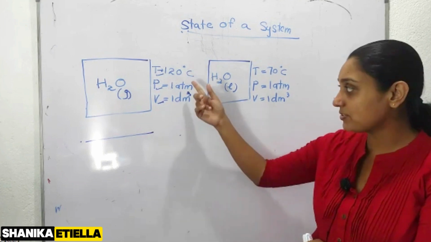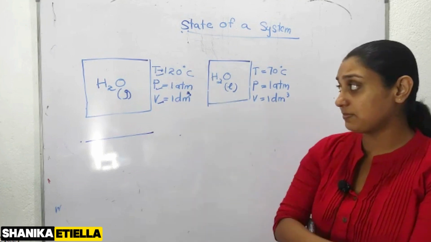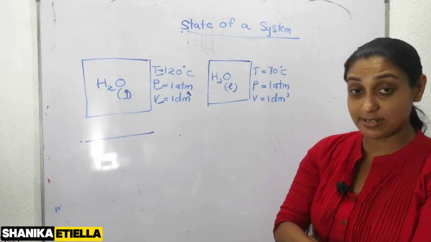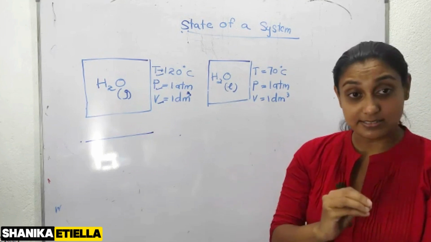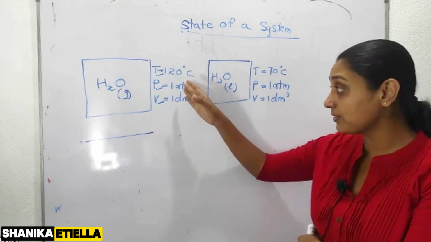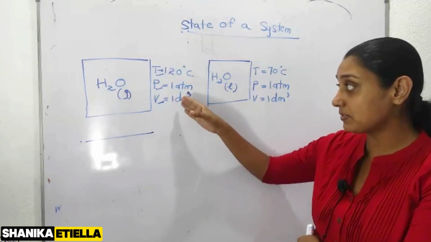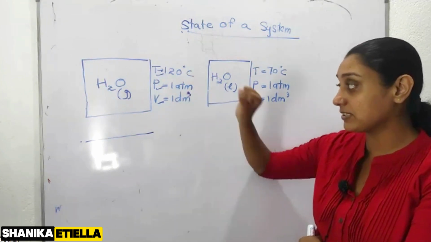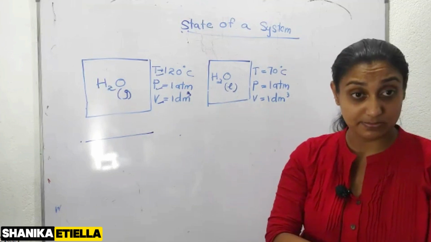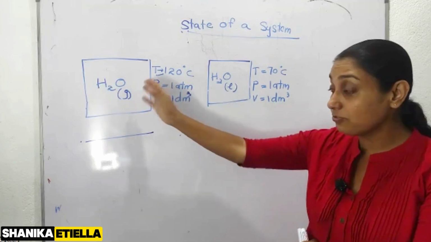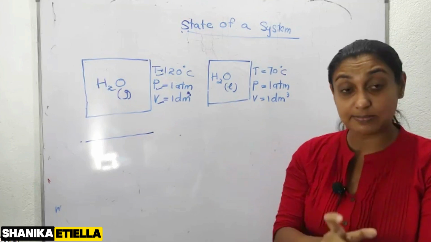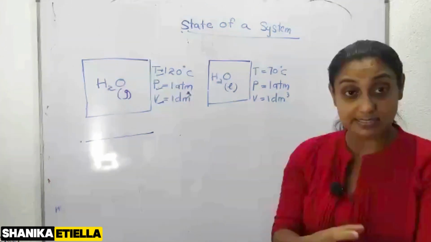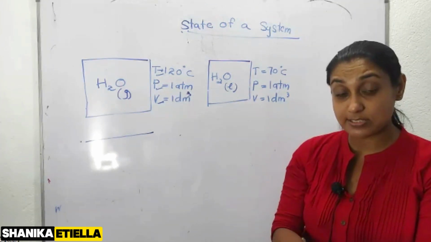Those are also, I can tell, the state of a system. No, it's beyond that. I will explain that later. Just understand what the state of a system is. If I know the physical variables or measurable parameters of the system, I can explain in which physical state that particular matter inside the system is, whether it is gas phase, liquid phase, or solid phase.